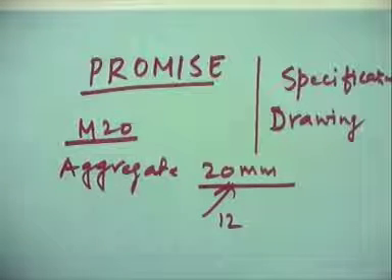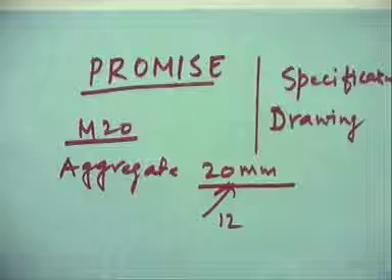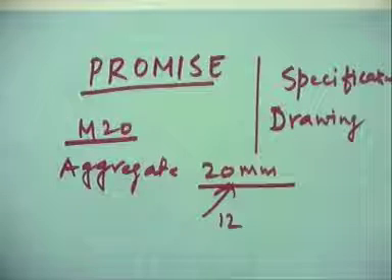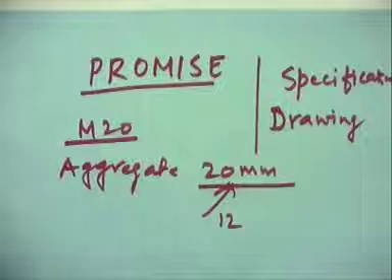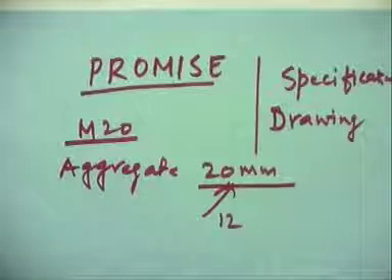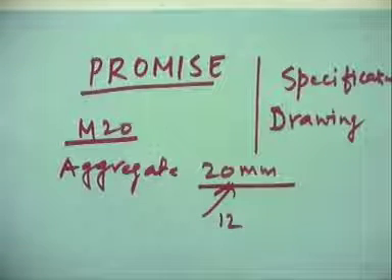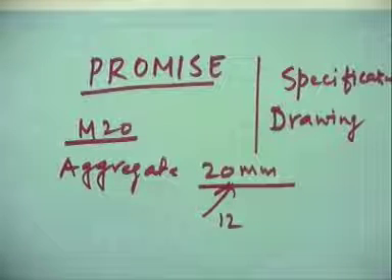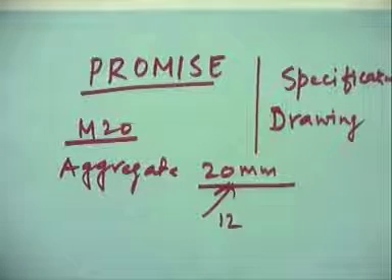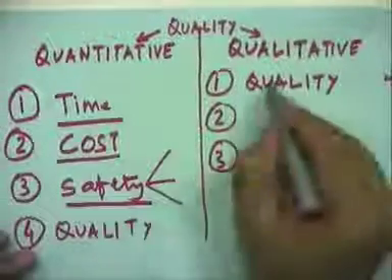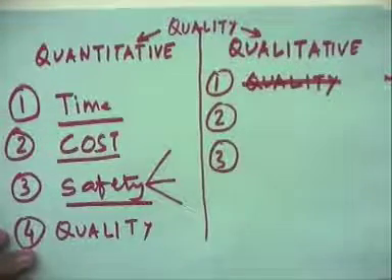While measuring it, you will simply see whether the promise has been kept or not, or whether the contractor has fooled you. If he has fooled you, it means he has not done the quality job, because he has not fulfilled his promise. He has not done the work exactly as per the agreement. So now this quality, I cut it from here.